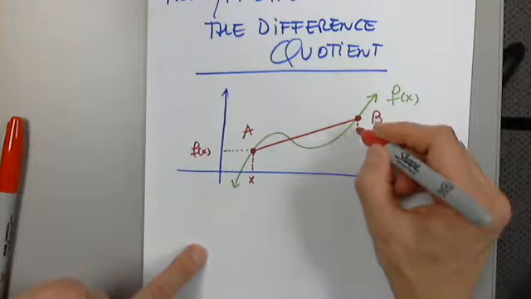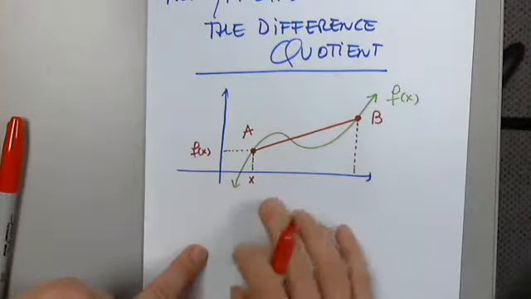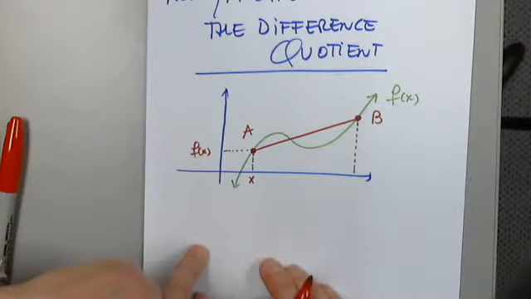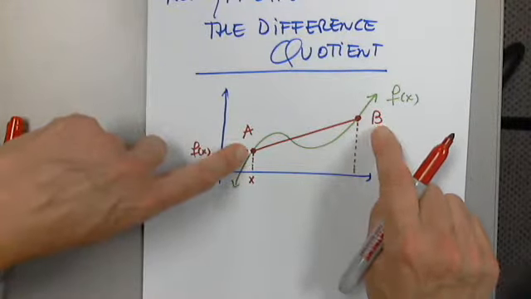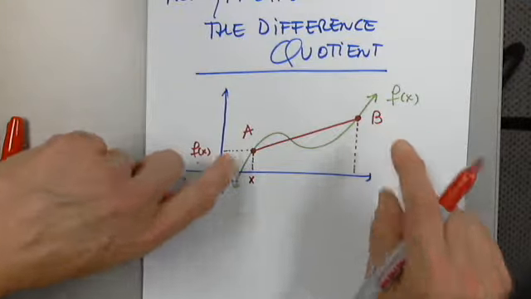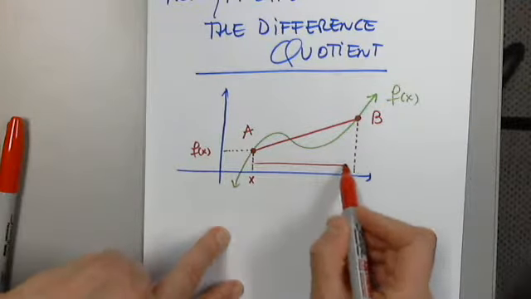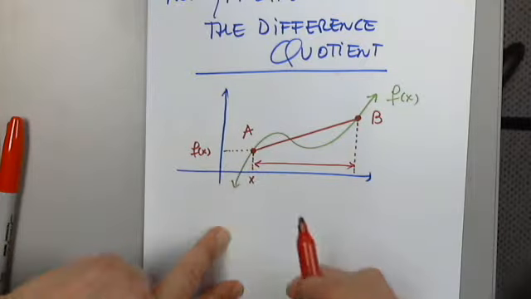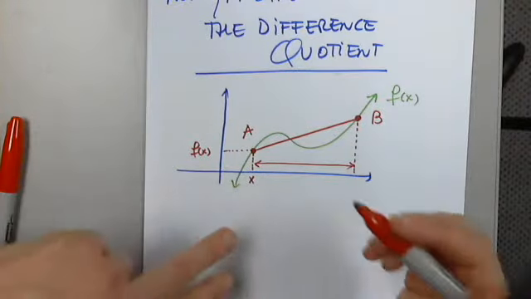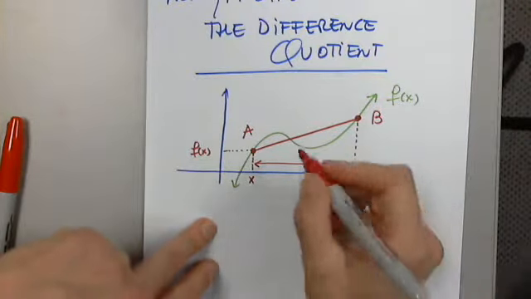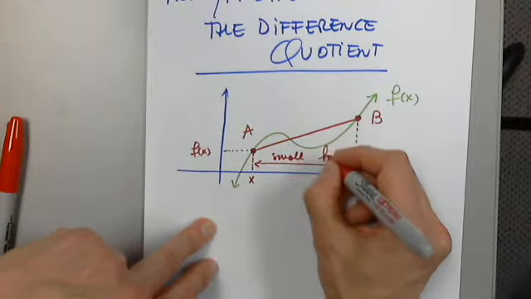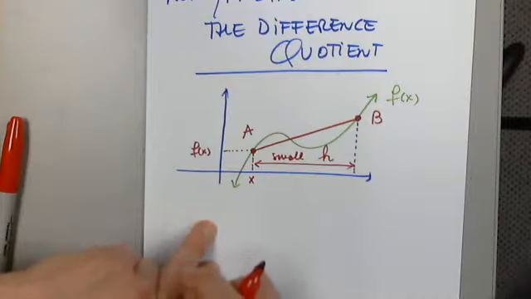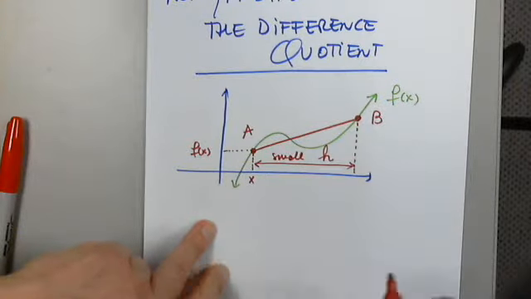I am going to say that this point is very close to point A. And you can say it doesn't appear to be. Let's say I zoomed in. So this is a short distance away, but in order to explain, I enlarged it. I zoomed in a lot. So this is small. We like to call it a distance h, lowercase h.